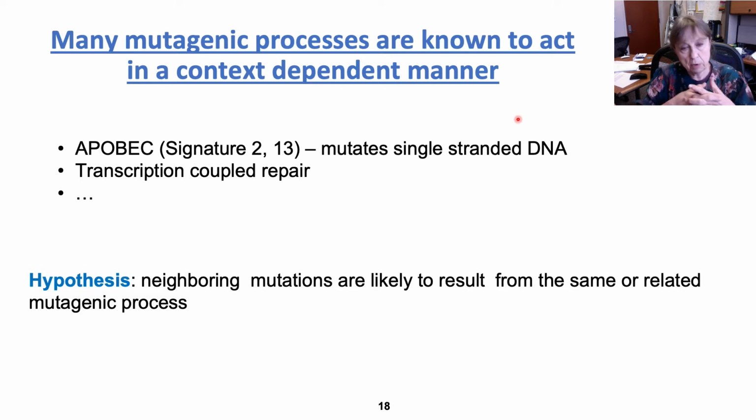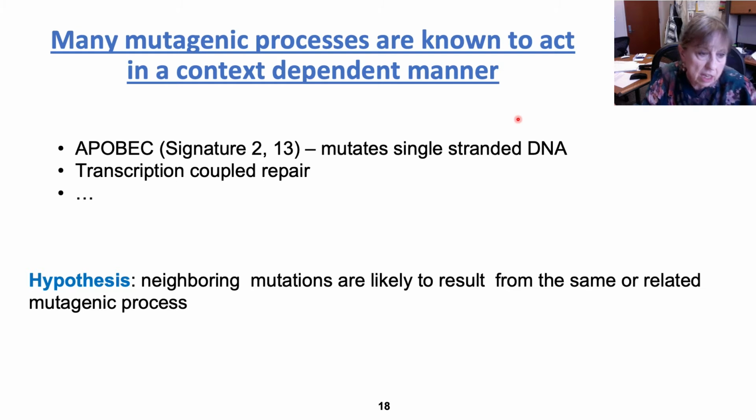Similarly, a process known as transcription-coupled repair is preferentially repairing damage in the transcribed portion of the gene. So, of course, again, you will have a local dependency of which mutations can and cannot happen within those regions.